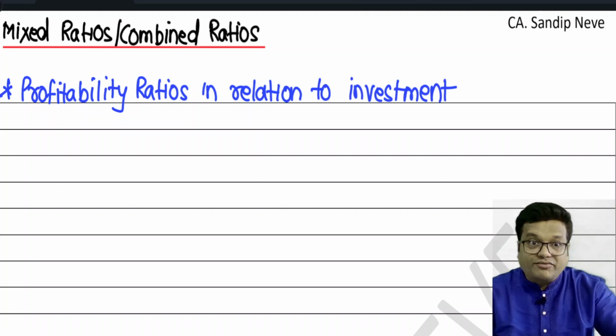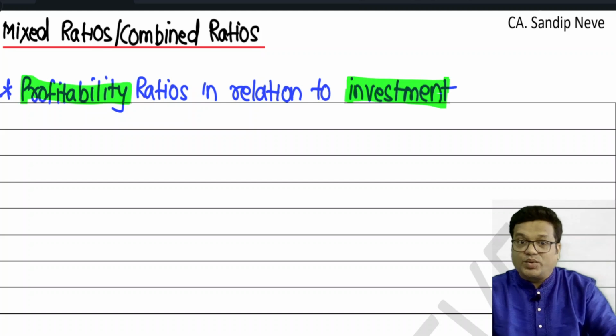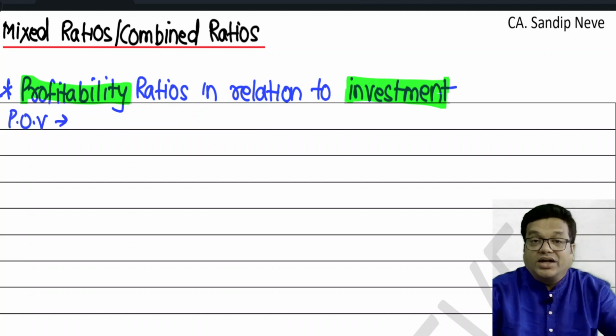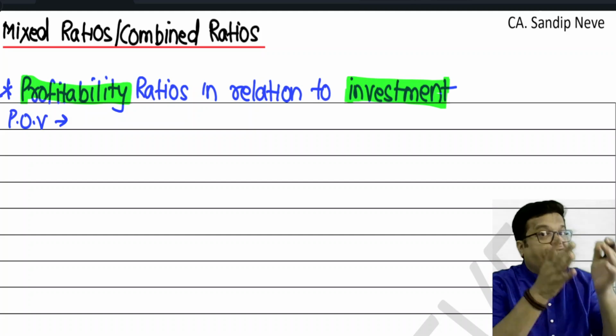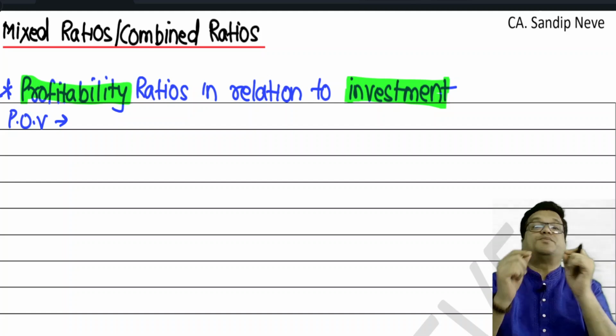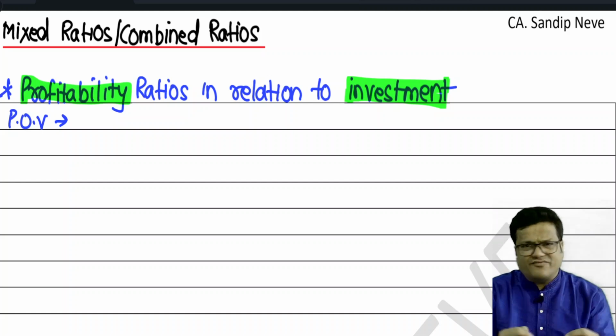What are we going to compare? We are going to compare our profitability with respect to our investment. As we say, what is the point of view? How much you have invested in your business, and how much profit you are making out of it. Okay, friends? Yes, we are going to discuss them very fast.